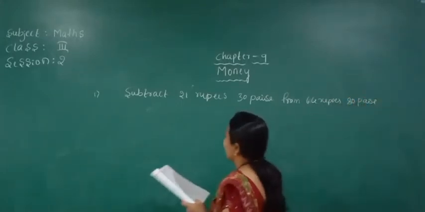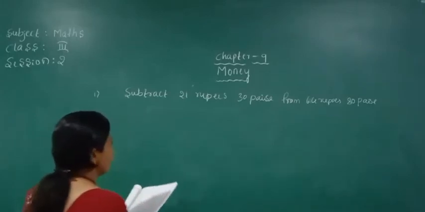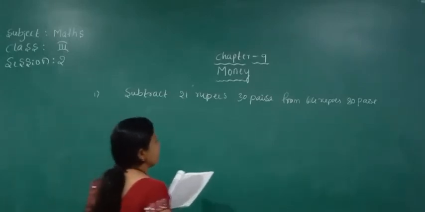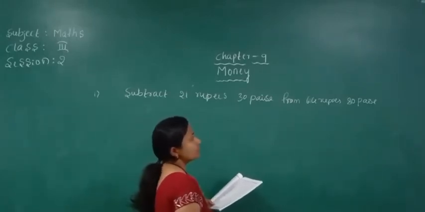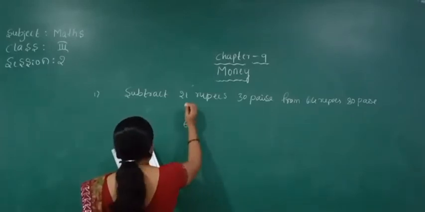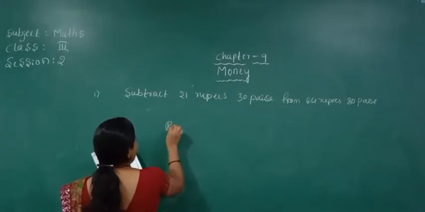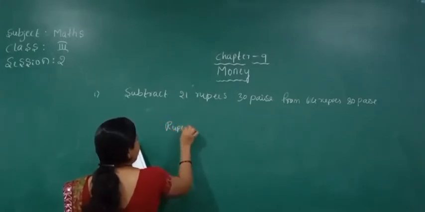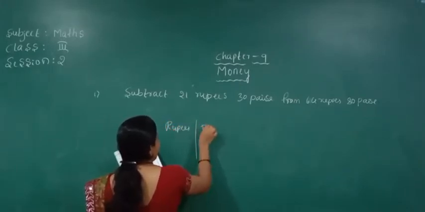First we will subtract. I will write 21 rupees 30 paise from 64 rupees 80 paise. First the rupees column, then the paise column.